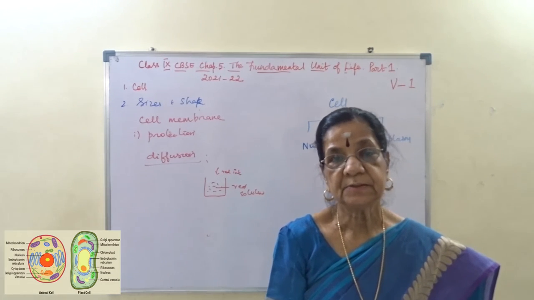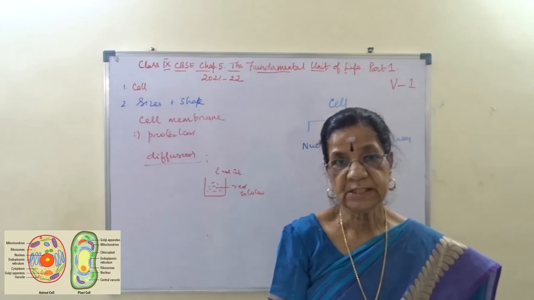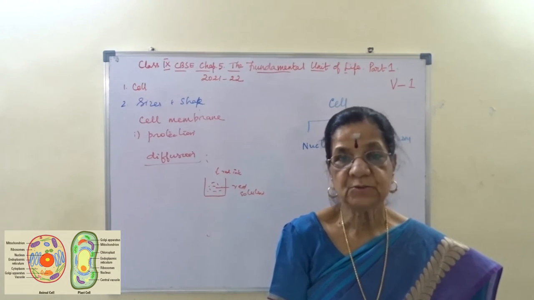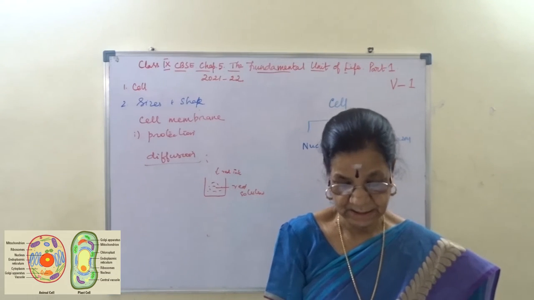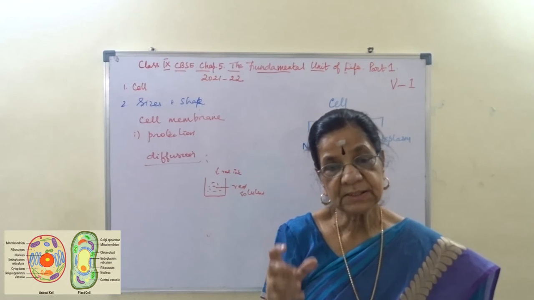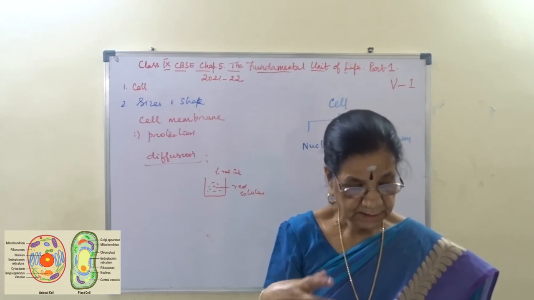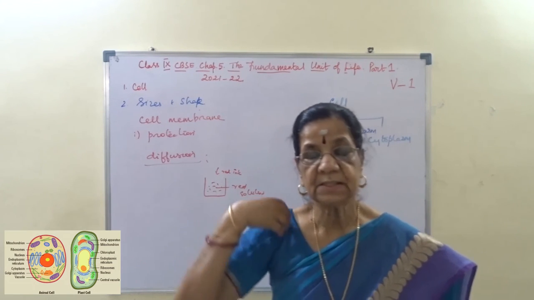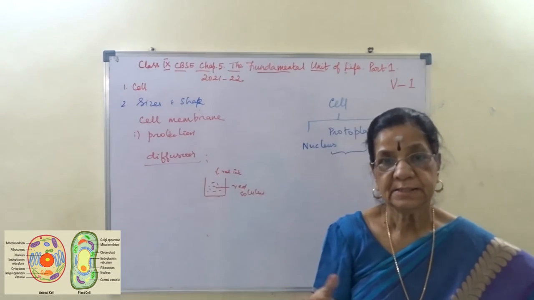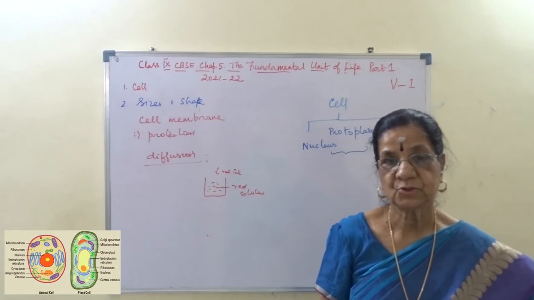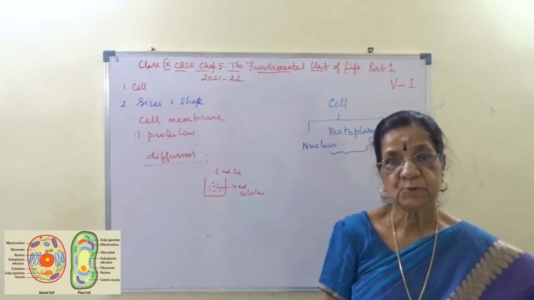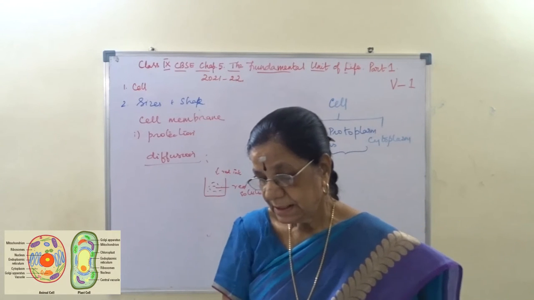Carbon dioxide, which is a cellular waste formed during respiration, has to be sent out from the cell. It accumulates at higher concentration inside the cell, and when the concentration outside is low compared to inside, it gets excreted. That is by the process of simple diffusion.